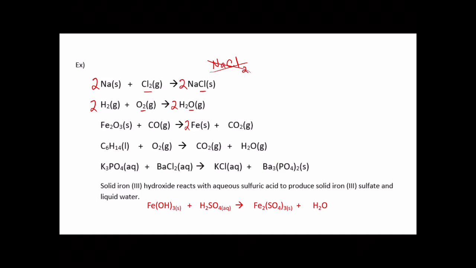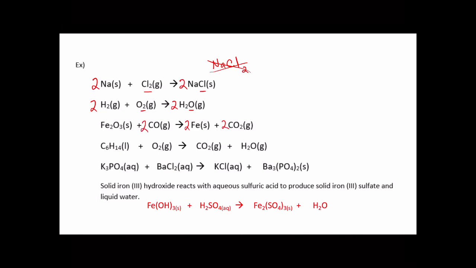Then, as far as oxygen goes, I got 4 on the left and 2 on the right. Now, what I could try to do is put a 2 out in front of the CO2. The problem with that is, though, that's going to imbalance my carbon.